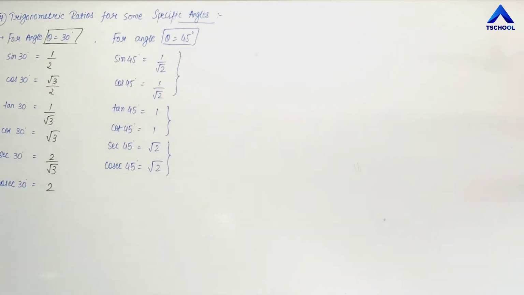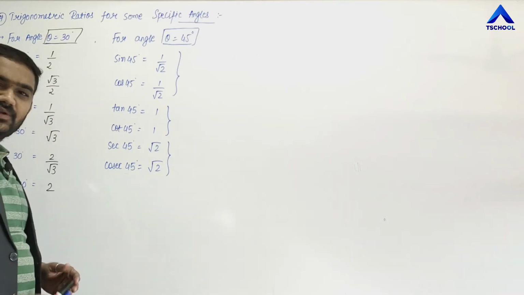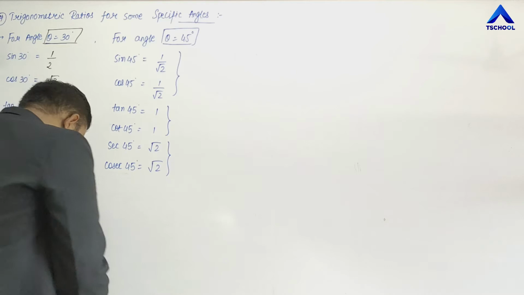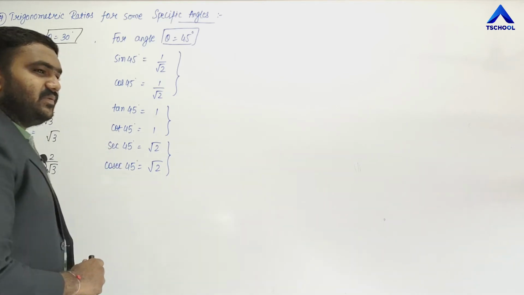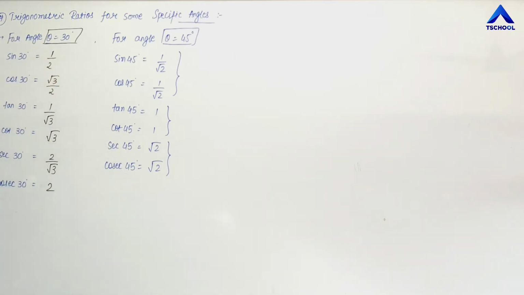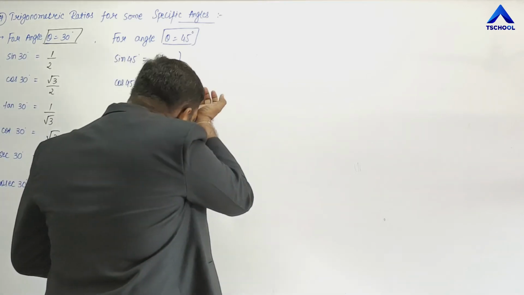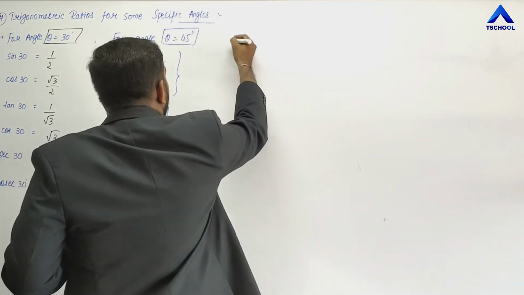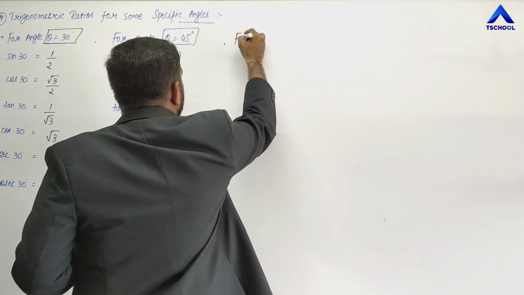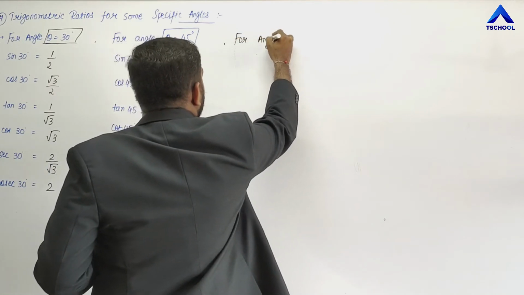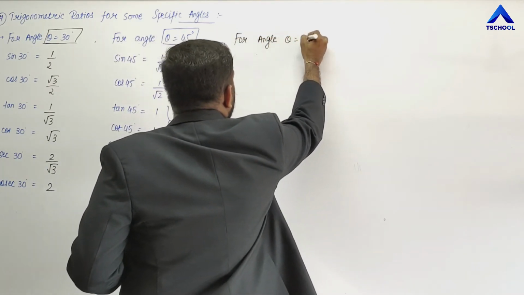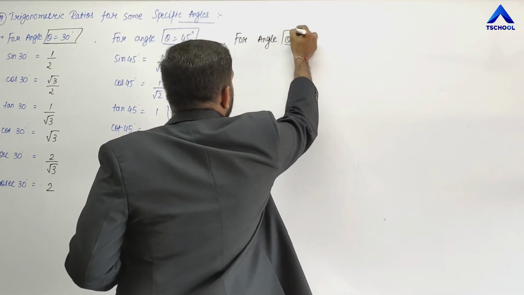So firstly we studied angle theta equals to 30, the six values for theta equals to 45, and finally we are going to quickly revise angle theta equals to 60.